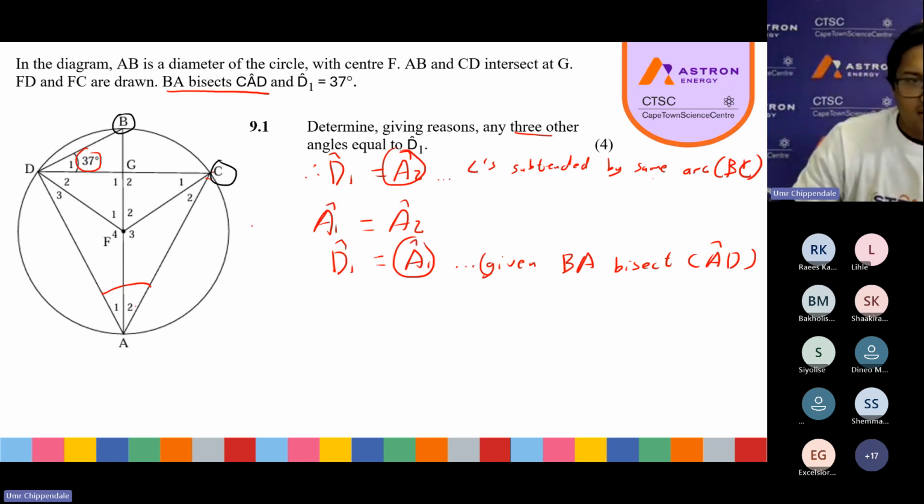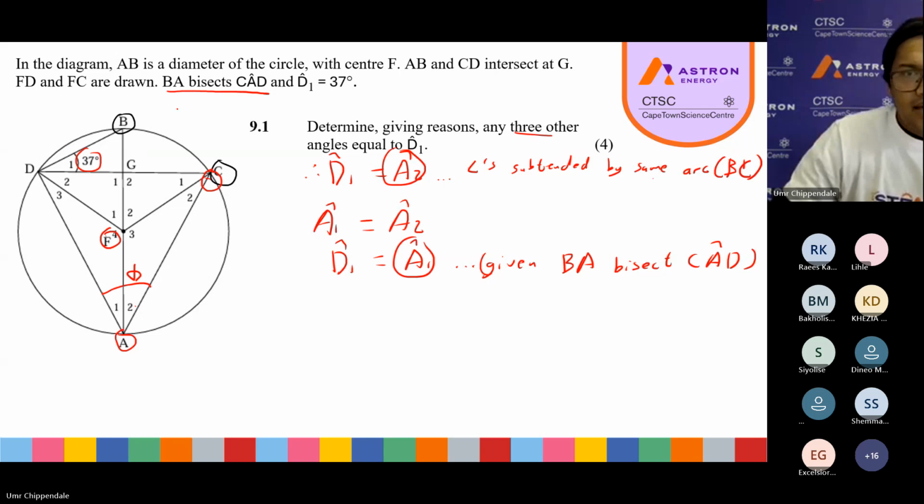Now, if we look at something else that we have, here we can see that A2 is in this triangle, reached by the points F, A, and C. That is where we get our angle A2. So A2 is within that triangle.